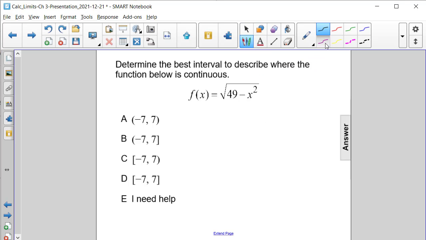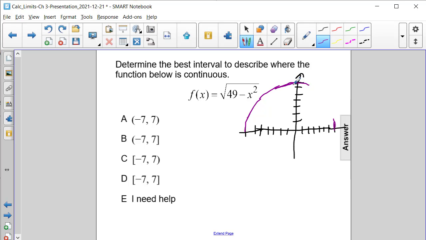So let's actually draw it. So our graph is going to look something like this.